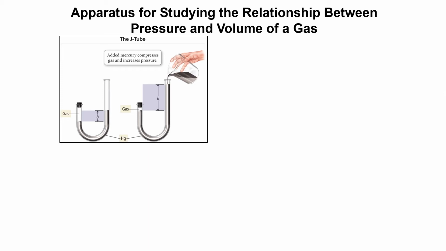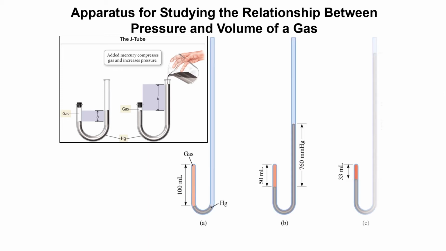And then what you do is you add mercury so that you can cause a compression of the gas, right? And what we're going to say is that the height difference between the two sides of the column of mercury is going to be the pressure that's exerted by the bubble of gas inside the left part of the J tube.